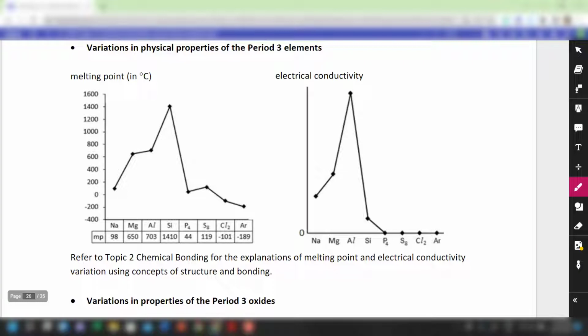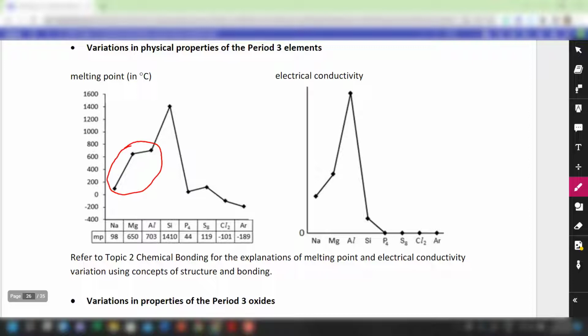From sodium to magnesium to aluminium, it is a general increasing trend because there's an increase in the amount of electrons contributed to the sea of delocalized electrons. So there's an increase in metallic bond strength, and you're also getting a more extensive metallic bond going from sodium to magnesium to aluminium.